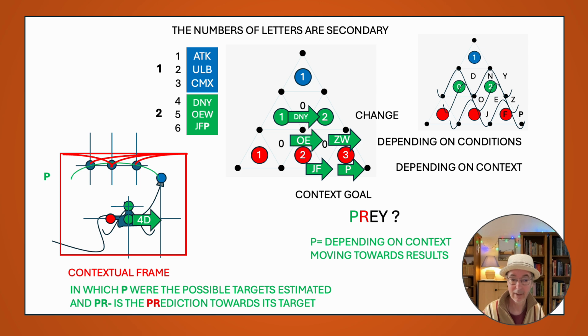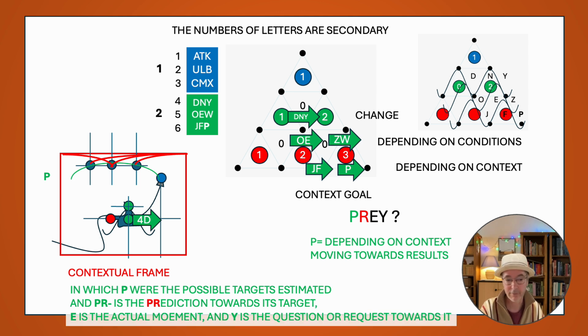So pr, like prediction, tries to predict its target, and you can do that with that word. A, of course, will be then the actual movement. E is always about movement in time, and the Y is the question, or even the request. Where will I get to in the end? Where will I land to in time in the end?